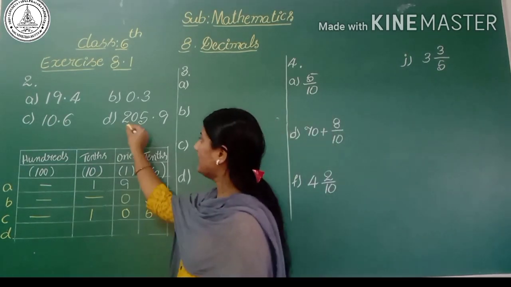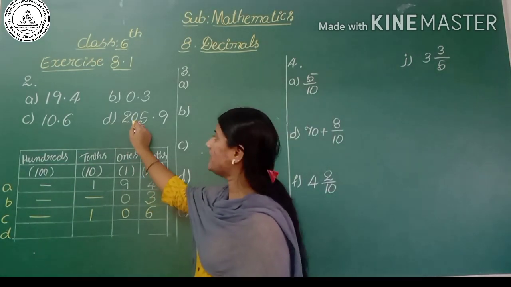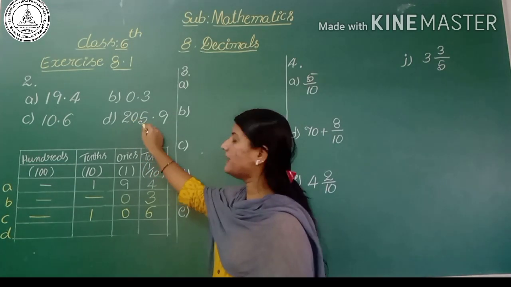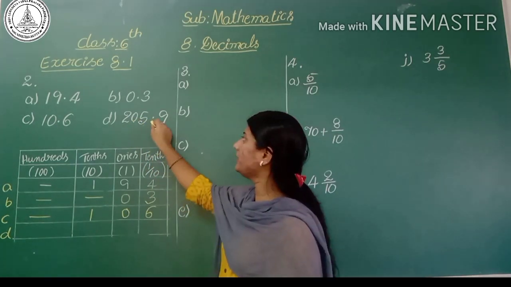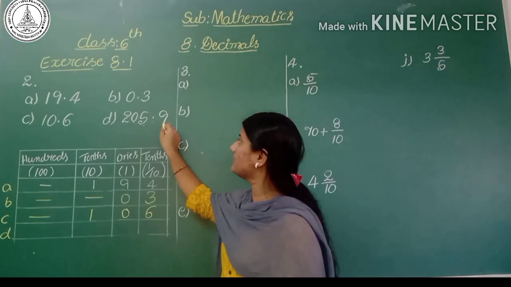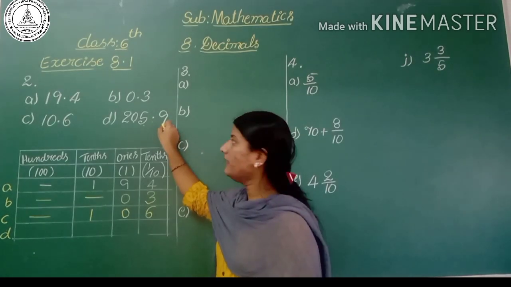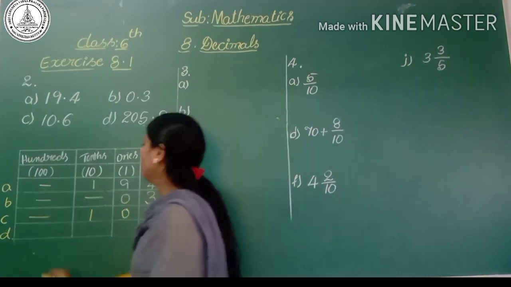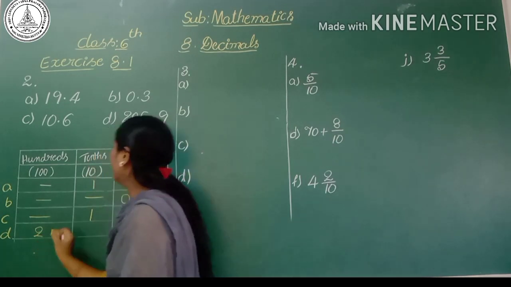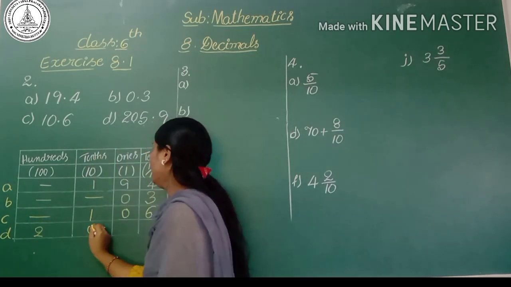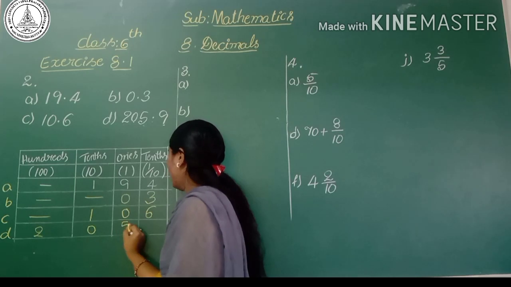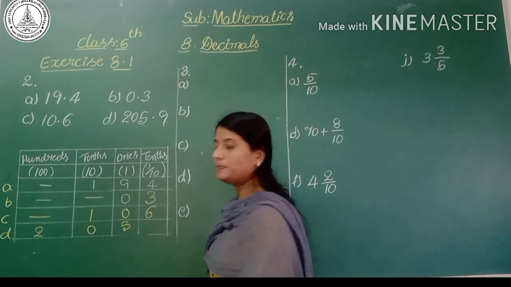Here in the hundreds place there is 2, tens place 0, ones place 5, and after the decimal point the first place is tenths, it has 9. Now fill in the table. In the hundreds place 2, tens place 0, ones place 5, and tenths place 9.